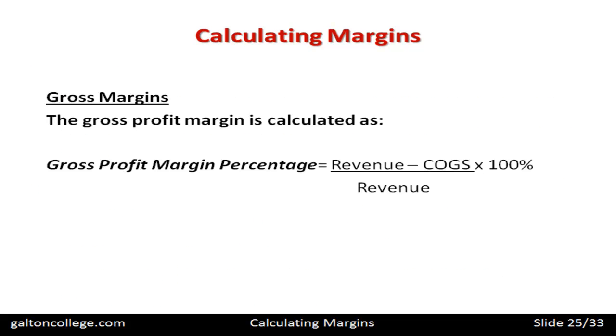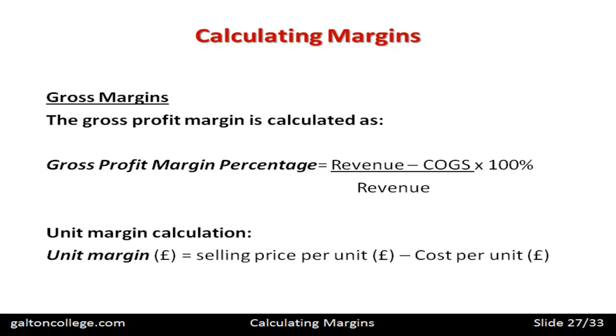Gross profit margin is calculated as revenue minus COGS over revenue times 100. So that's the gross profit margin percentage. The unit margin calculation is the selling price per unit minus the cost per unit.